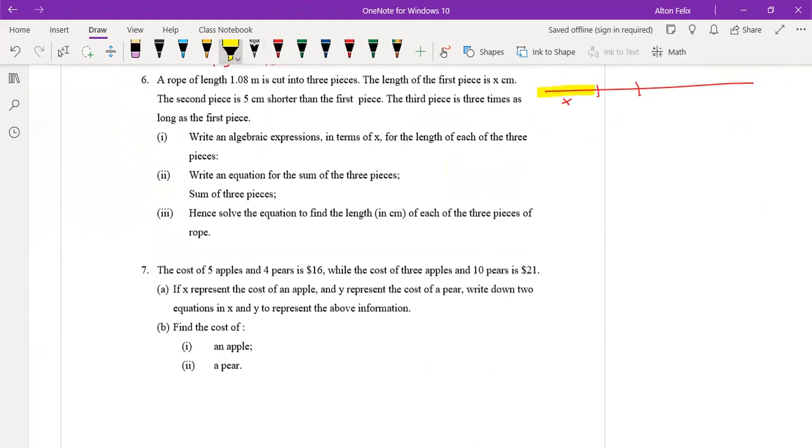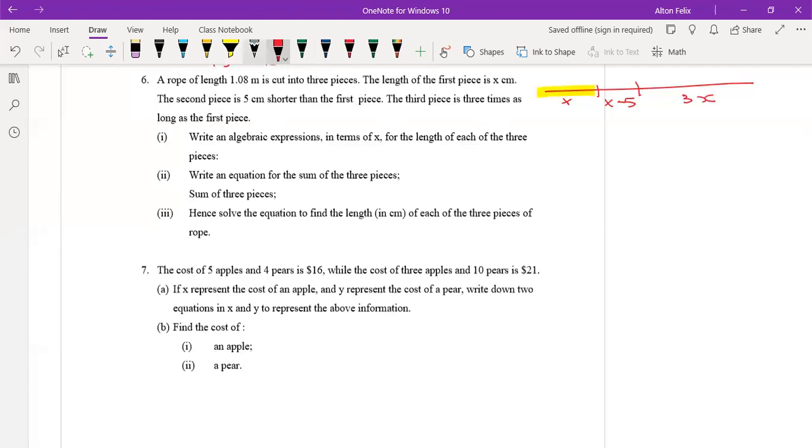The whole rope, which is 1.08 meters, is cut into 3 pieces. The second piece is 5 centimeters shorter than the first piece. So if the first piece is x, 5 centimeters shorter will be x take away 5. That's the second piece right there. And the third piece is 3 times as long as the first piece, so it will be 3x.